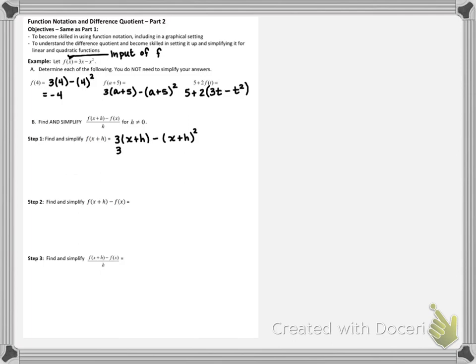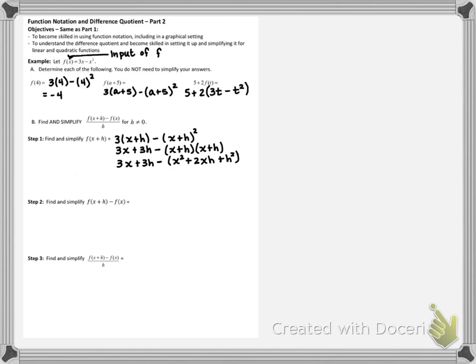So we've got 3x plus 3h minus x plus h times x plus h, which gives me x squared plus 2xh plus h squared.